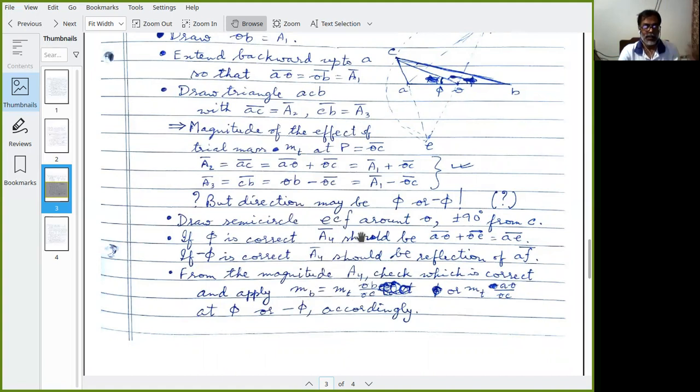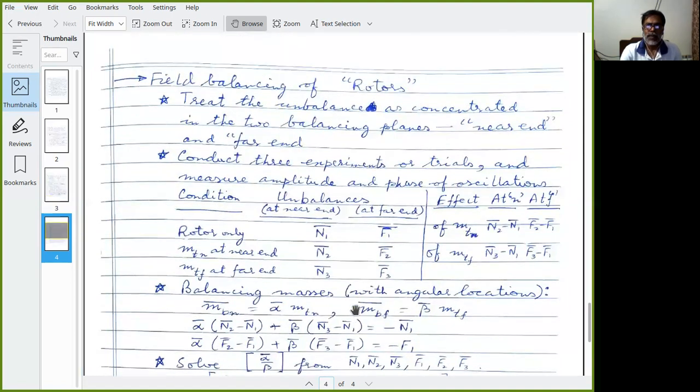Now come to the big one, in which we will consider all unbalance to be concentrated in two places, because we can always work out an equivalent distribution. So we treat the unbalance as concentrated in the two balancing places, call them the near end and the far end, N and F. Now we have to conduct three experiments or trials and measure amplitude and phase of the oscillation as you rotate.